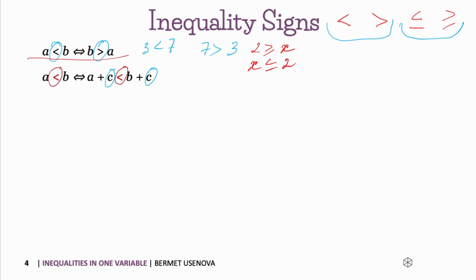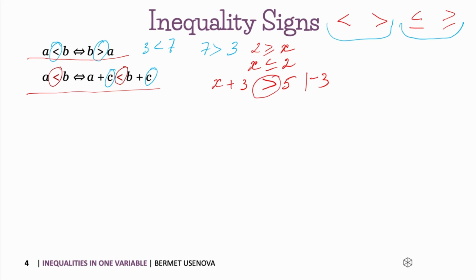So, for the second rule, let's solve the following inequality: x plus 3 greater than 5. We can do things very close to what we did with equations. For example, we can subtract 3 from both sides, and according to our rule, our sign will stay the same.